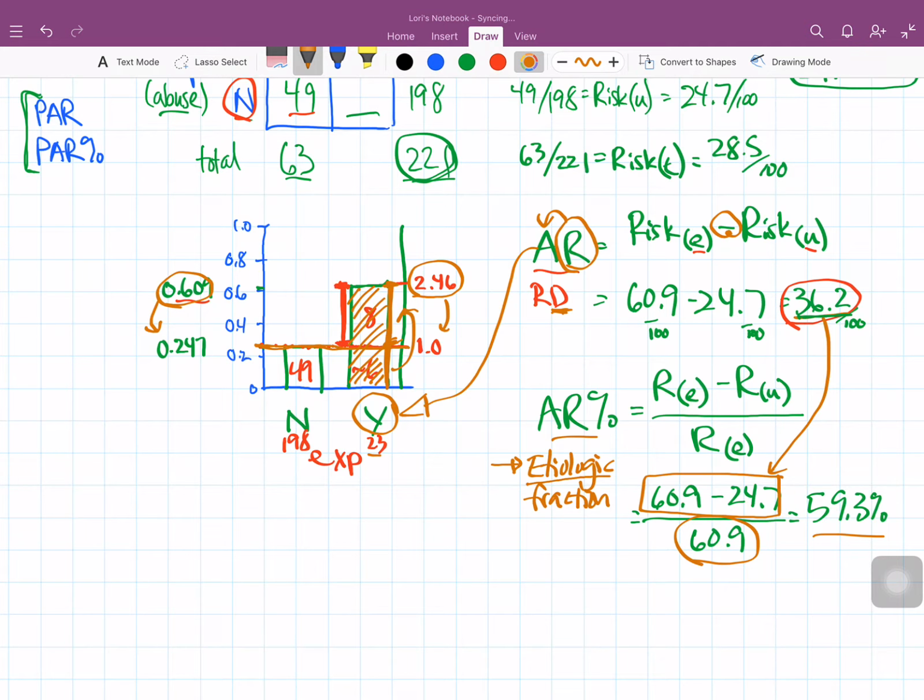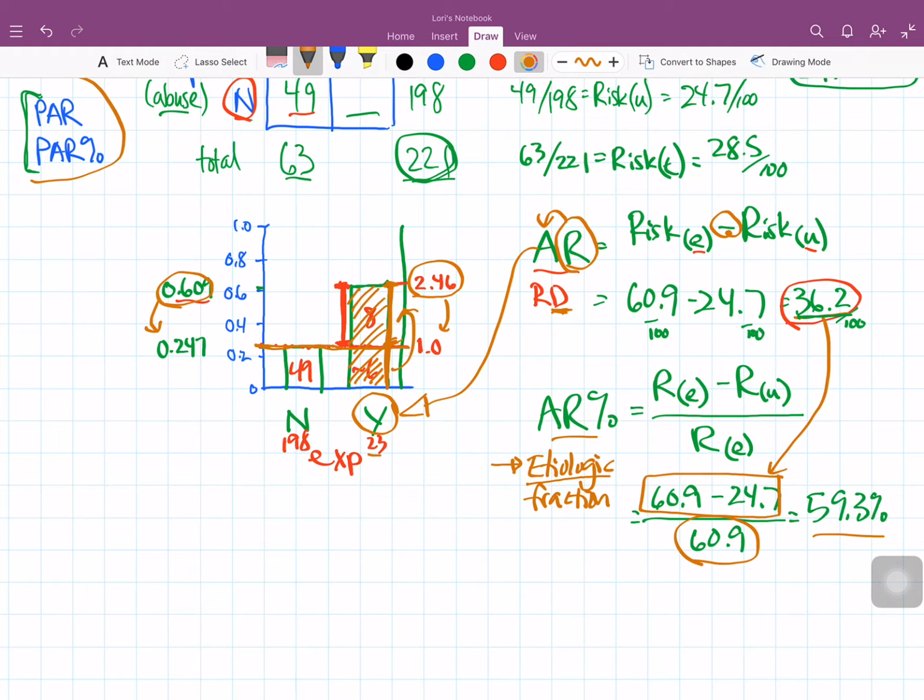In fact, both of these, risk difference, attributable risk, up here at the top, and etiologic fraction tell us about the etiology. So we'll come back to that when we talk a little bit more about the comparisons and how we interpret these. So those are just a couple of other names for attributable risk and attributable risk percent.